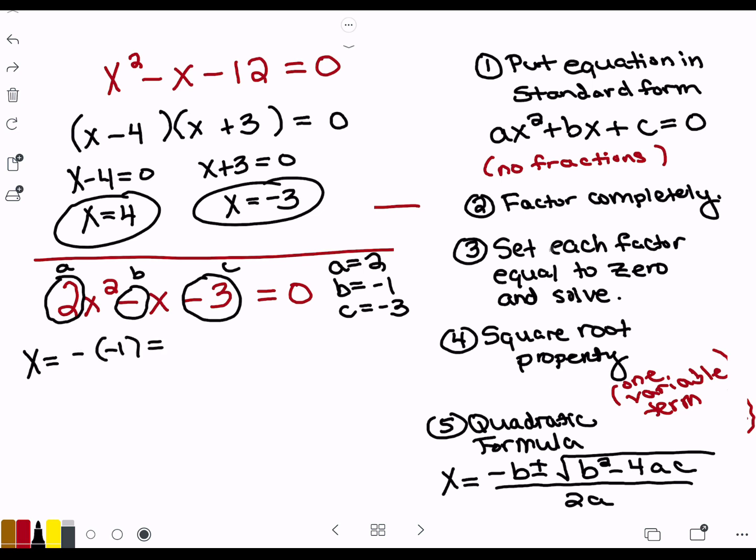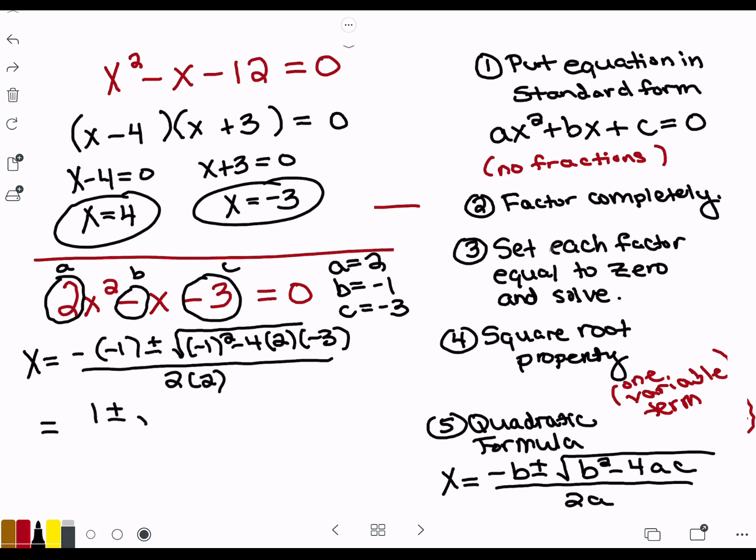I have negative b, so that's negative 1. And then I put plus or minus the square root of b squared. So that's negative 1 squared minus 4 times a, which is 2, and c, which is negative 3, all over 2 times a, which is 2. So now I need to condense this.